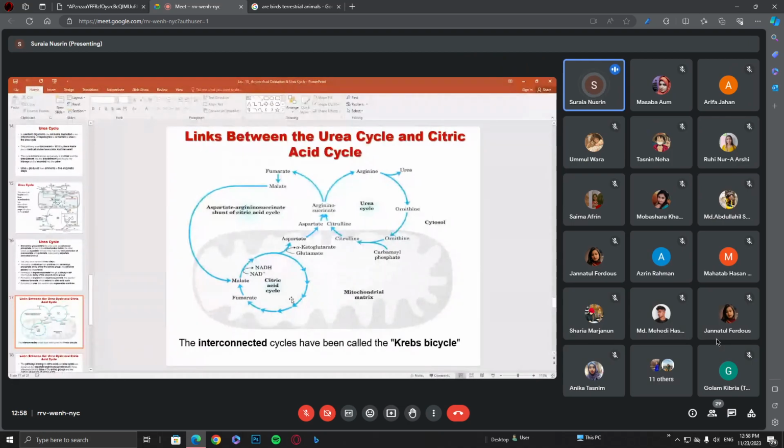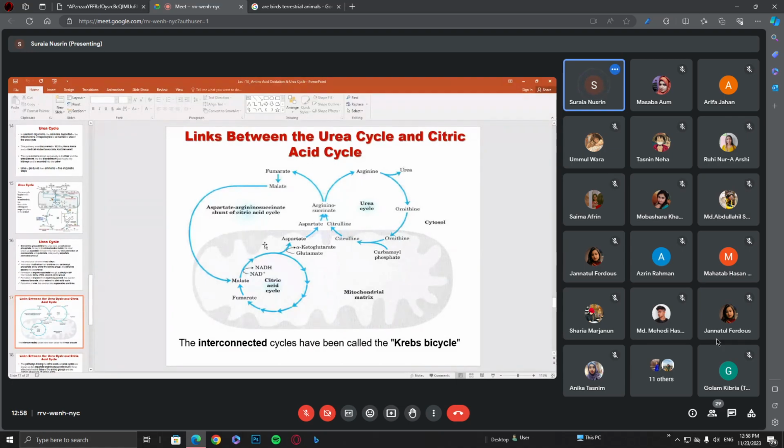This connection we see: aspartate entered the urea cycle, from there fumarate was produced, we get malate, and malate is again entering the TCA cycle. This link is called the aspartate arginosuccinate shunt of the citric acid cycle.